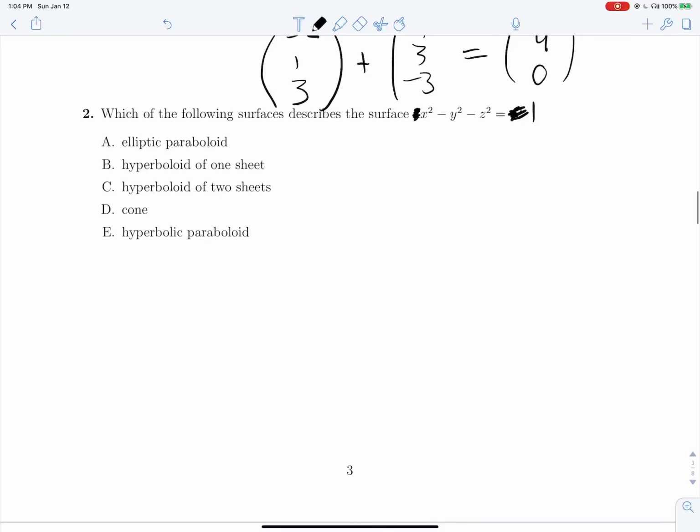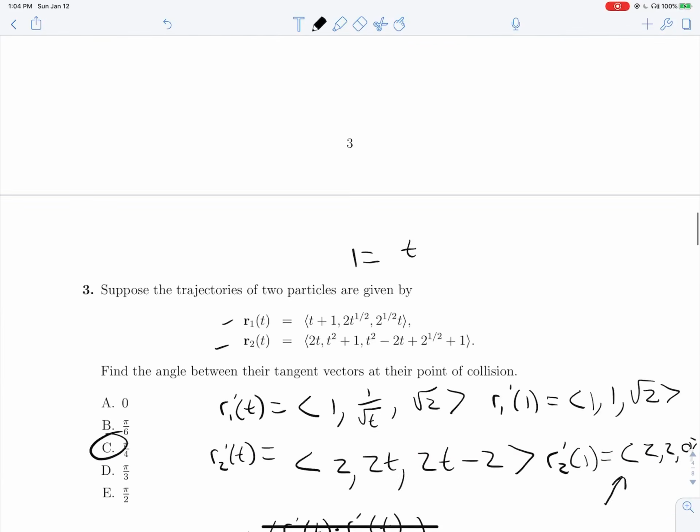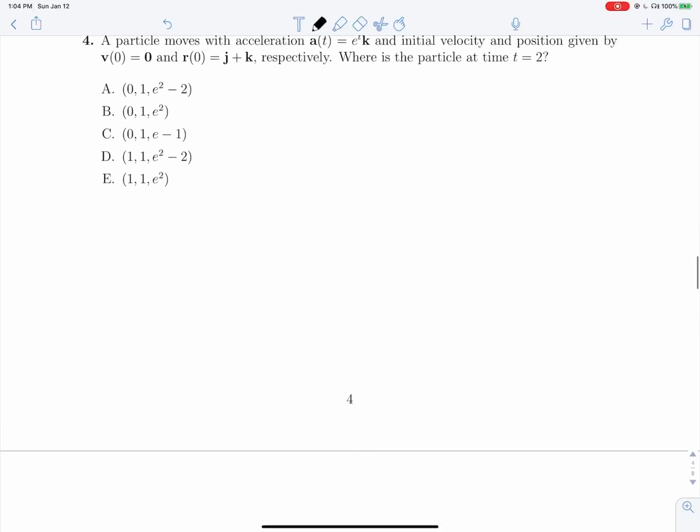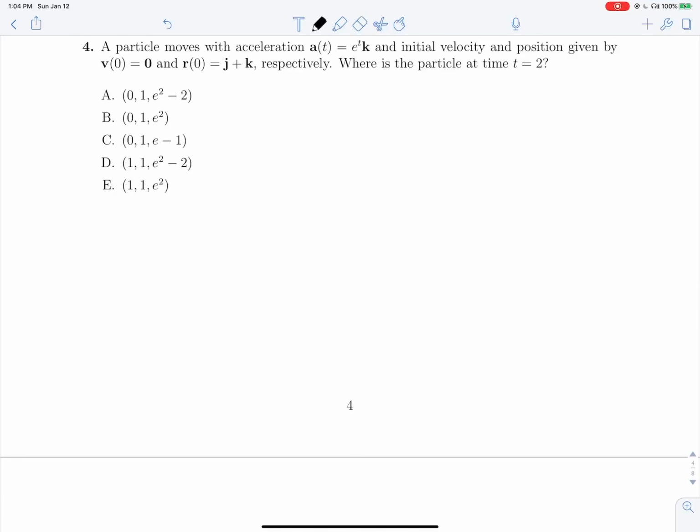And we see that simplifies things a lot, because now this is the exact equation for a hyperboloid of 2 sheets. And that's just by memorization. You kind of have to memorize those, because it's very helpful later on in the course. It makes your life a lot easier when dealing with those questions.